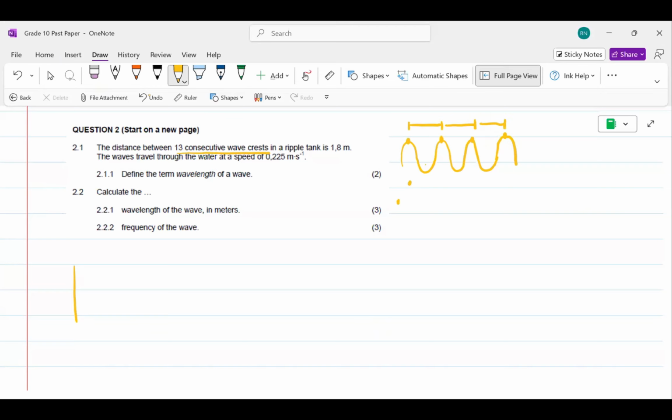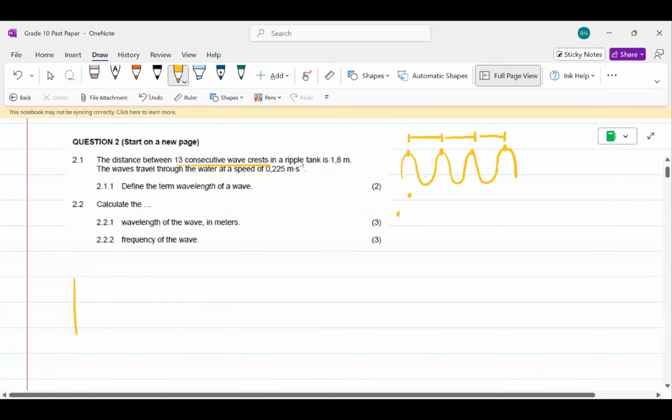So if you count these, you'll count 12 waves with those 13 crests. Can you see here we have 4 wave crests, but only 3 waves within those wave crests. So the first question is, what is the wavelength of a wave?